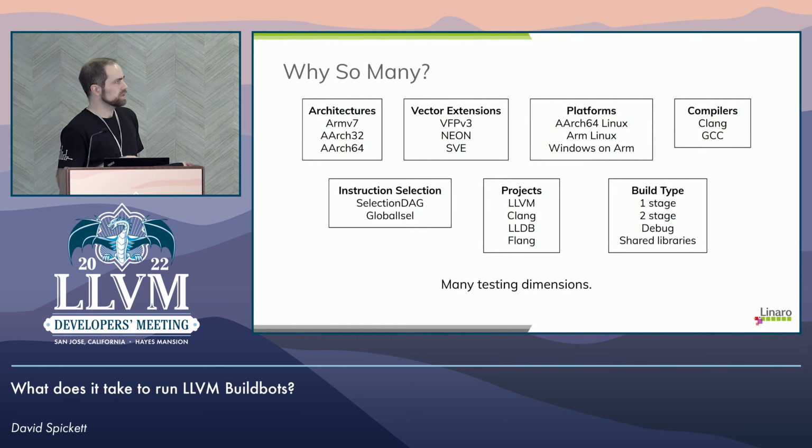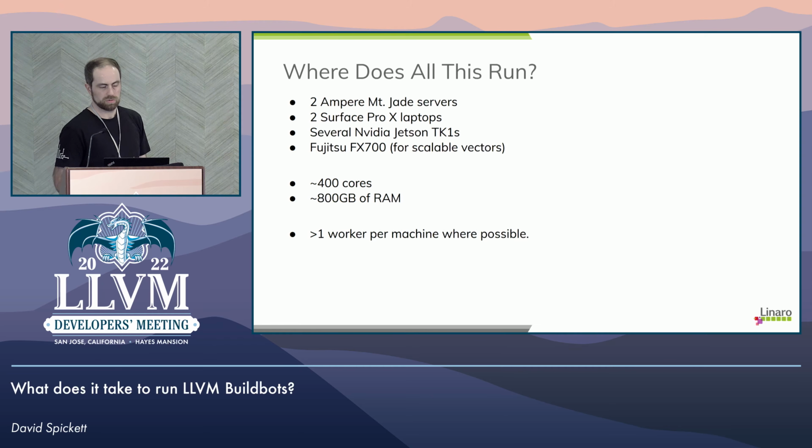So you take all those things, you multiply them together, you get your n-dimensional testing matrix, to give a hand-wavy metaphor. You cut out the bits that people have never actually built in reality, the things that aren't compatible or not compatible yet, or the things that Linaro's members don't really care about, basically. And that's how you get your 20-something bots, because we try to overlap them to give as good a coverage as we can.